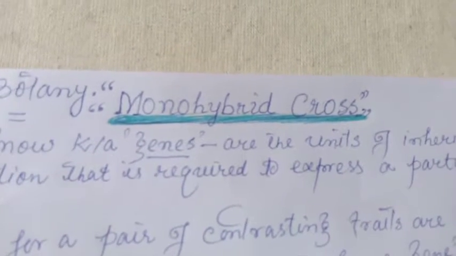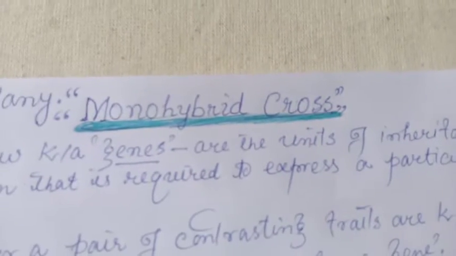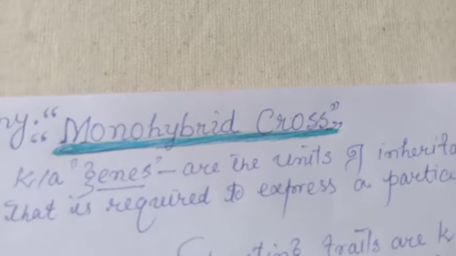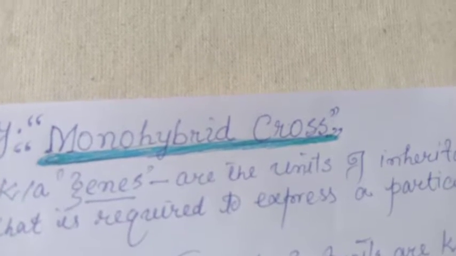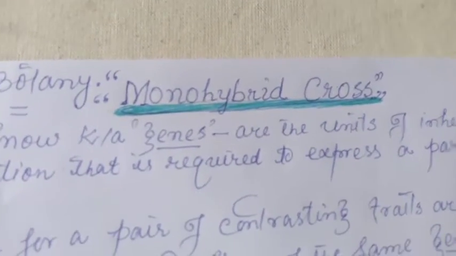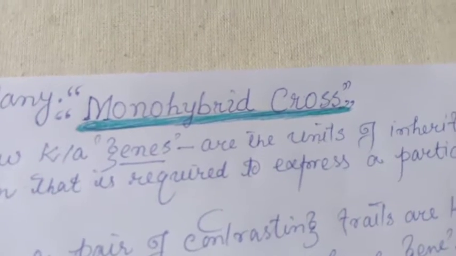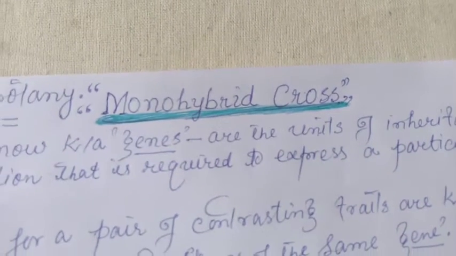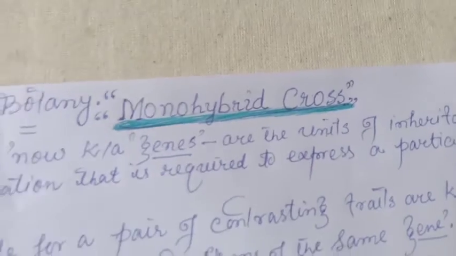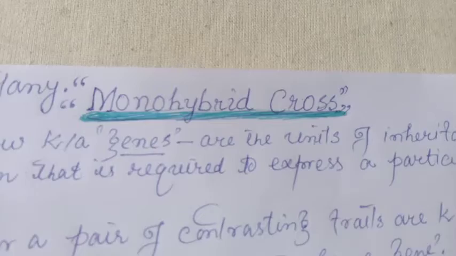If you remember, those were the seed shape, round or wrinkled; seed color, yellow or green; flower color, violet or white; pod shape, full or constricted; pod color, green or yellow; flower position, axial or terminal; and the stem height, either tall or dwarf. And today we will discuss the monohybrid cross.